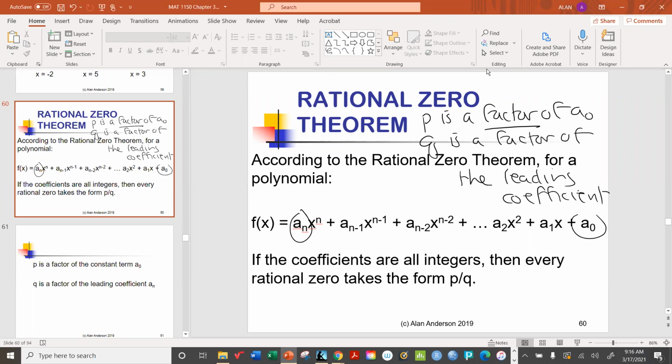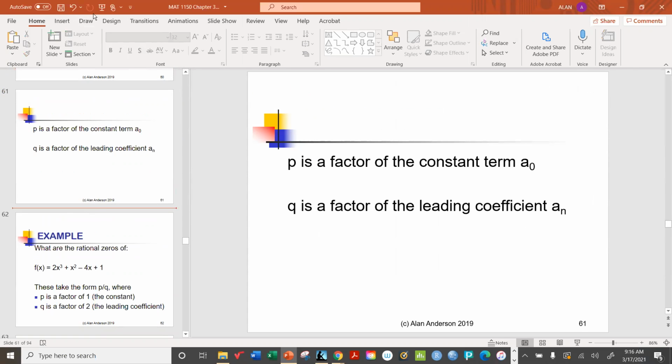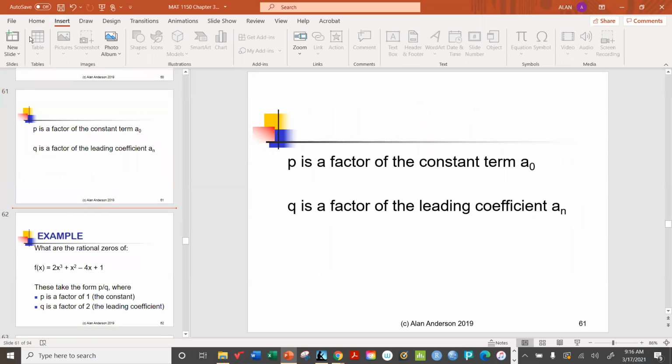Now, let me just quickly remind you what it means to be a factor. Let me just throw that in here, just in case you've forgotten what that word means.